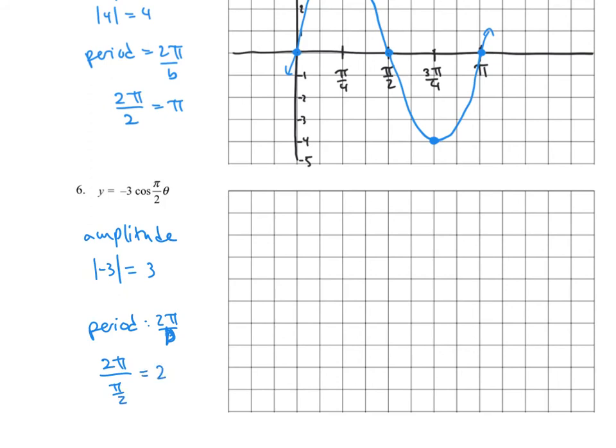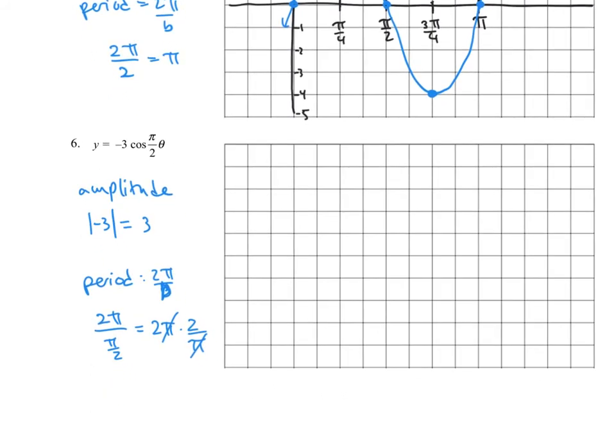Remember, when you divide by a fraction, you multiply by the reciprocal, so 2 pi times 2 over pi. And notice these pi's cancel in this one. So our period is equal to just plain old 2 times 2, which is 4. And now we're ready to graph.